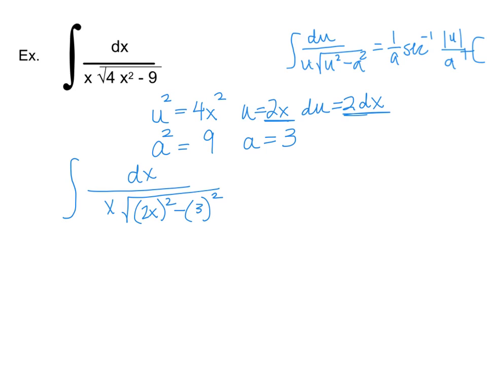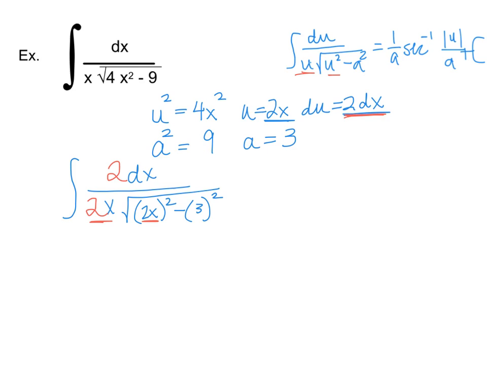Okay, and then I know that I'm going to need this to be a 2 because that's u, and those need to be the same, right? So that this is u and then u squared. Then I also know that du needs to be satisfied, so I put a 2 here, right?